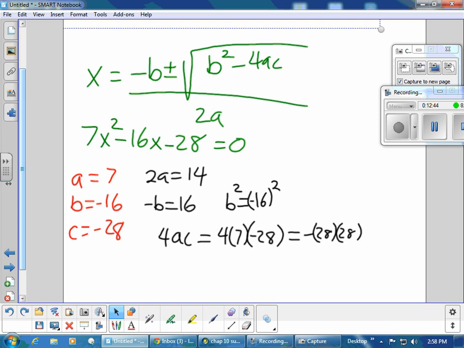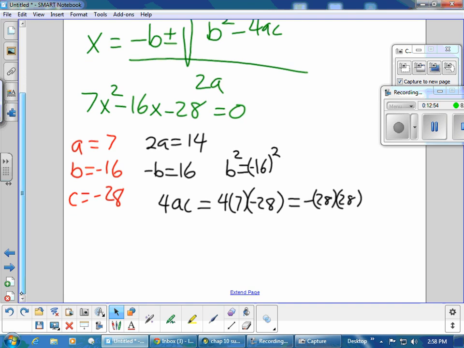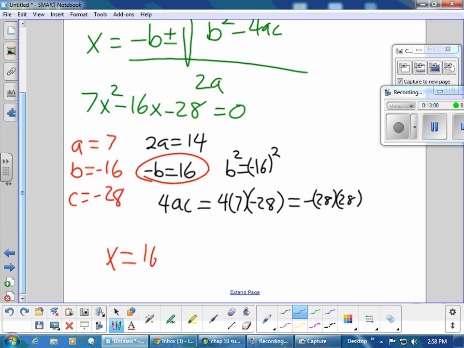Okay, then you're going to put all the aspects into the formula. You have the formula up here, put them in there. So x equals negative b, so that's the 16, plus or minus the square root of b squared, so that's negative 16 squared, minus 4ac, all over 2a.